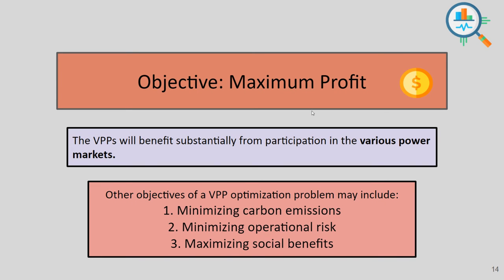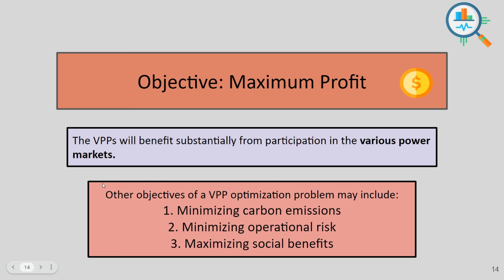So, as we understand, the main objective of a virtual power plant is to obtain the maximum profit, and this maximum profit can be achieved by participating in various power markets at different time scales.